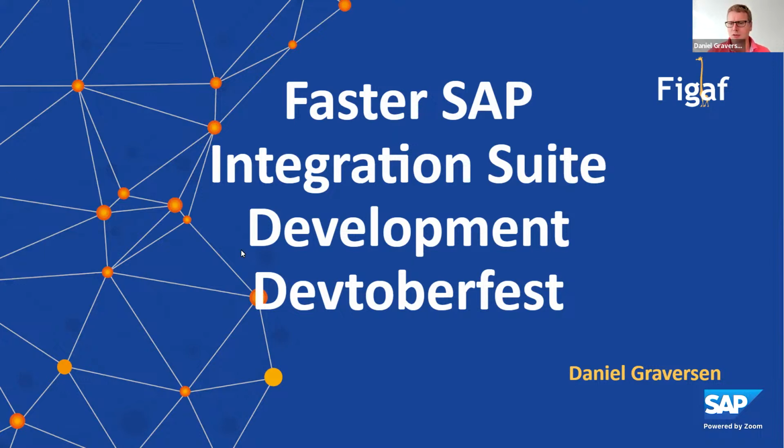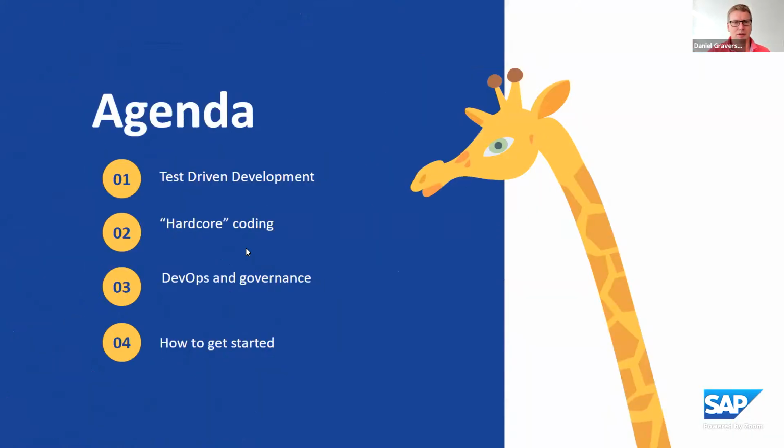And there's also another session coming up later on. We'll cover that about migration. But for now, the focus is how do you become a better or faster integration developer? The thing I want to be covering is how do we actually create a test-driven development, why you want to do it. We'll go into some hardcore coding.